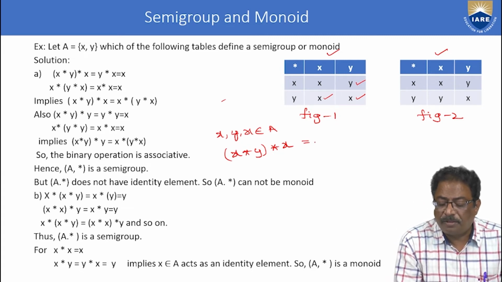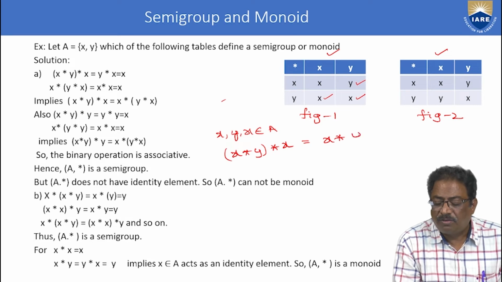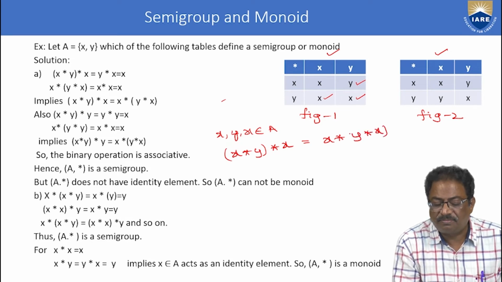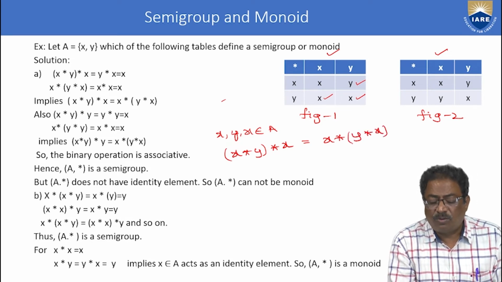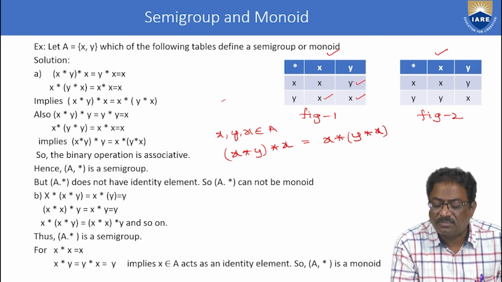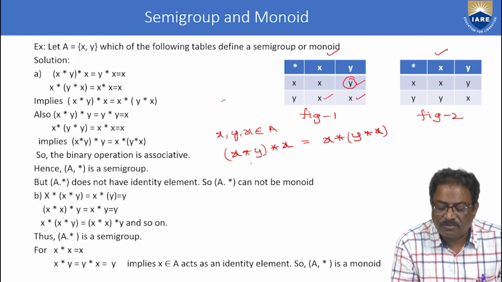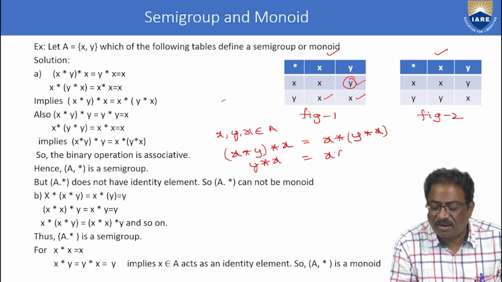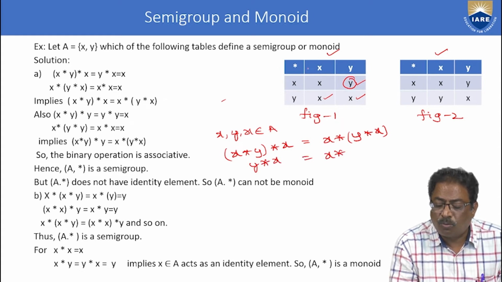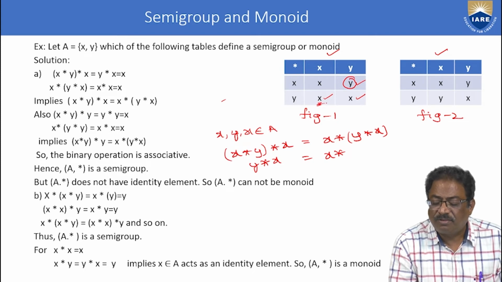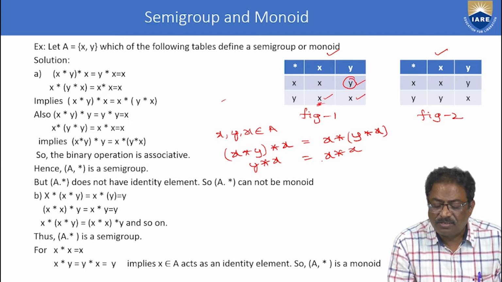What is X * Y? X * Y is Y. So this is Y * X, and Y * X is X. On the other side, X * (Y * X): Y * X is X, and X * X is also X.